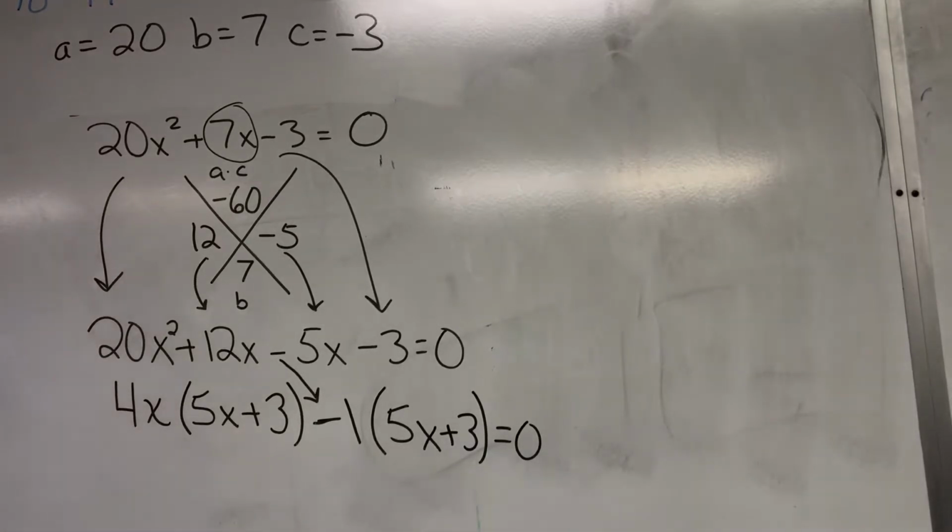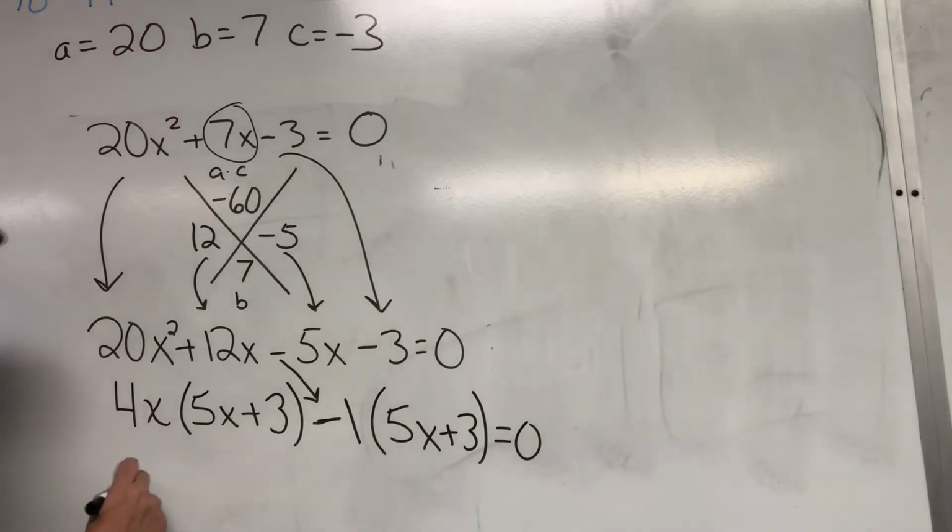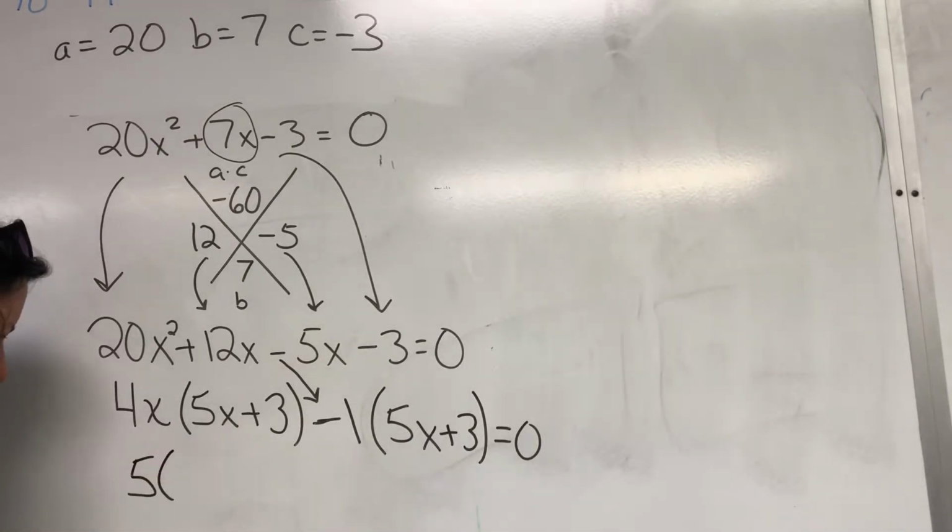At this stage, I want to take the greatest common factor out of each part of the equation. So I have a 5x plus 3 that's common to this part and to this part. I'm going to factor out 5x plus 3.